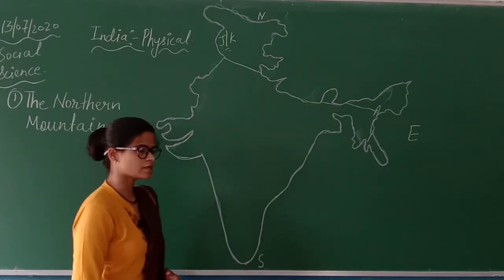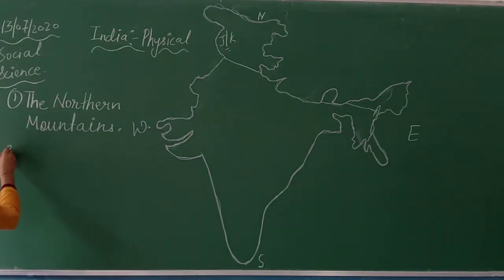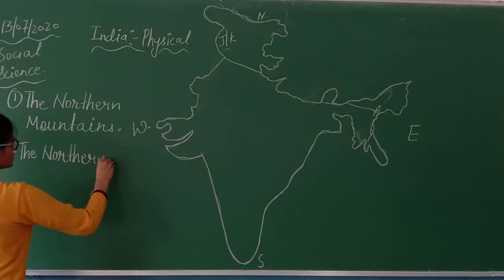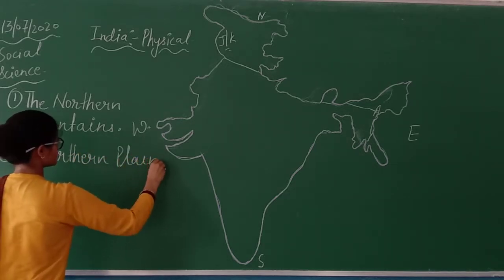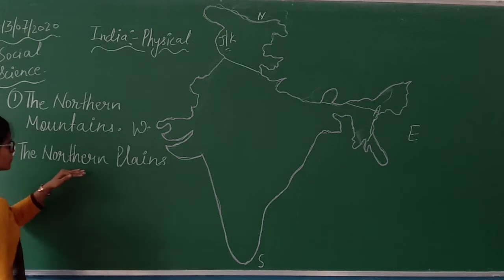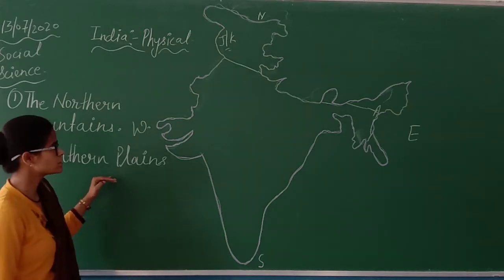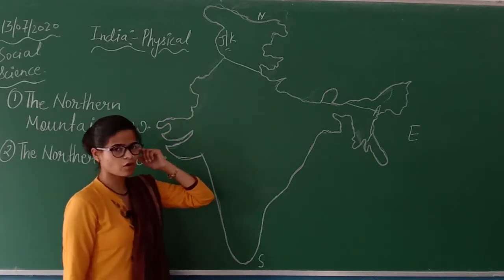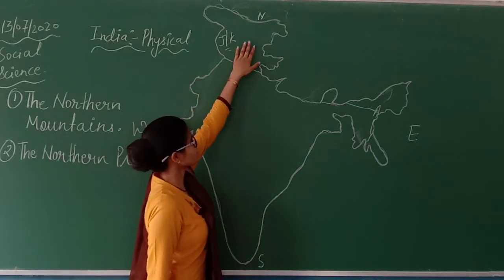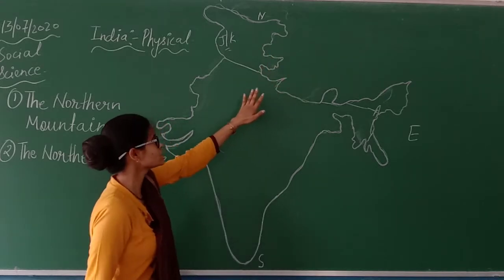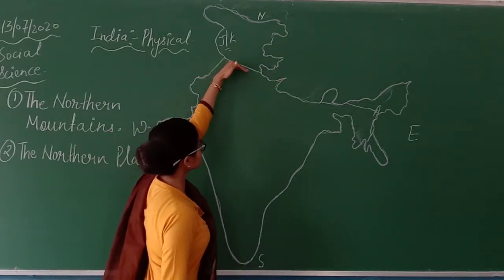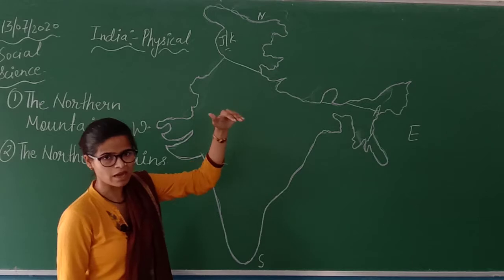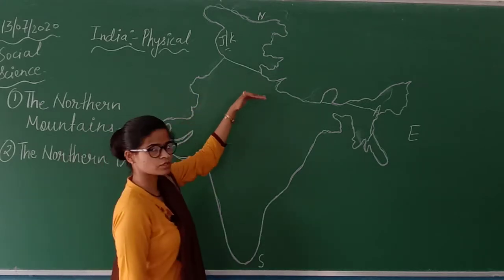So the second physical division is the Northern Plains. Now, the Northern Plains are located in the foothills of the Himalayas. As I have already told you, these are the mountains, these are the Himalayas. From here, this is the foothills, the lower part of the Himalayas.